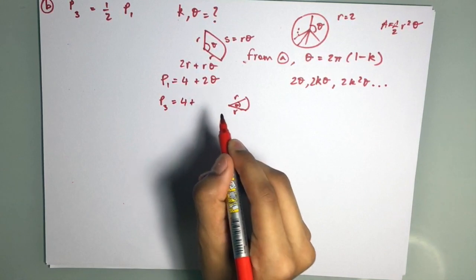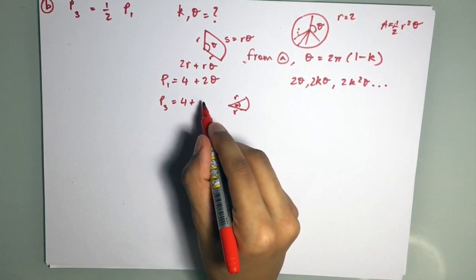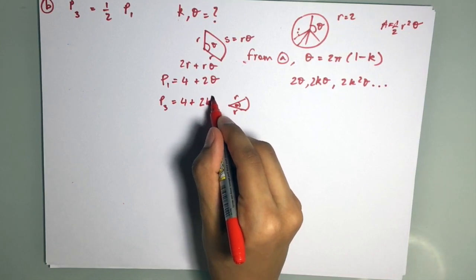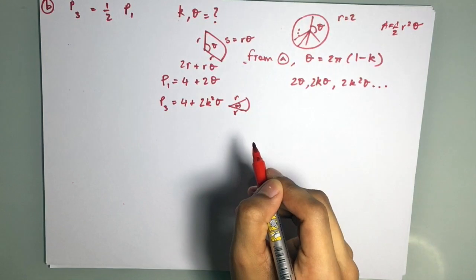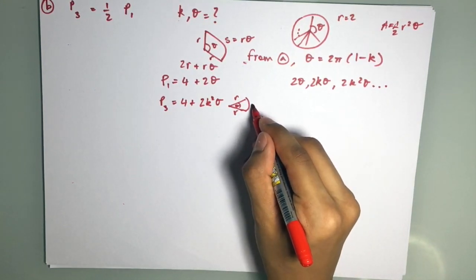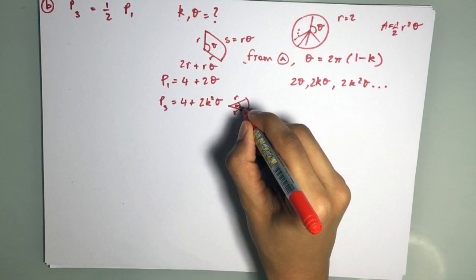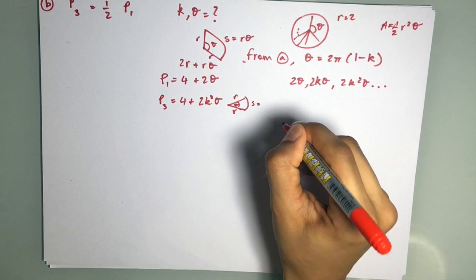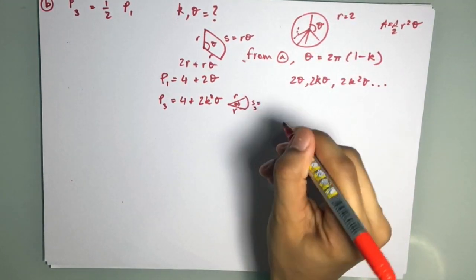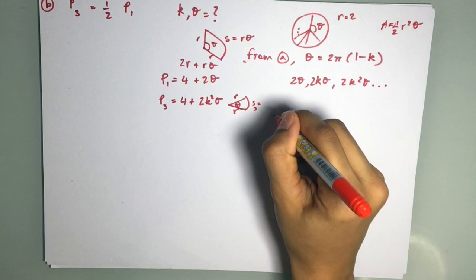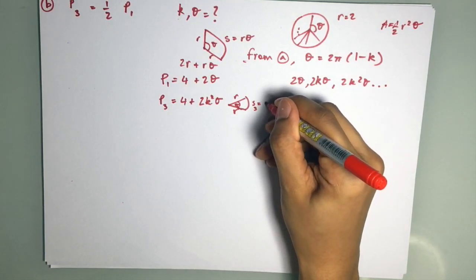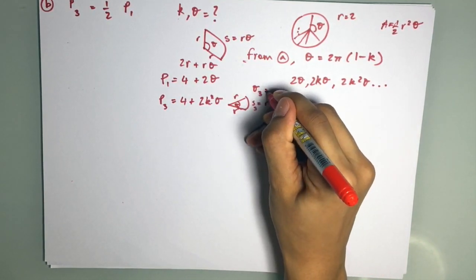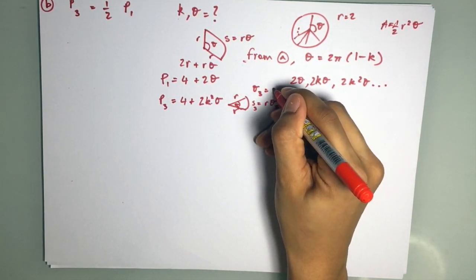So 4 plus 2r, 2 times 2, 4 plus 2k squared theta, because this s3 would equal r times theta 3, and we know theta 3 equals theta times k squared.